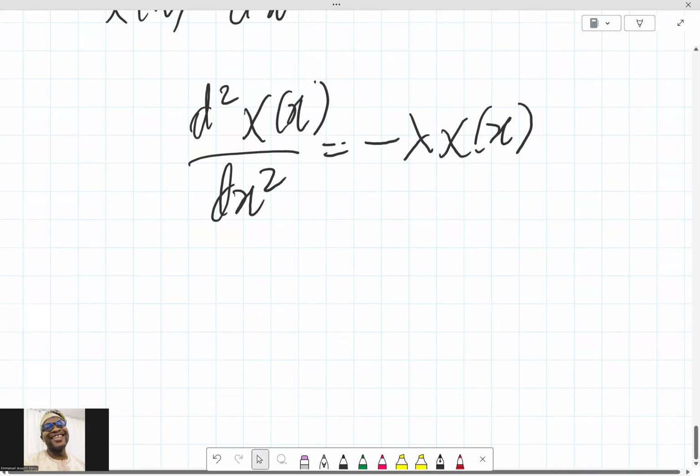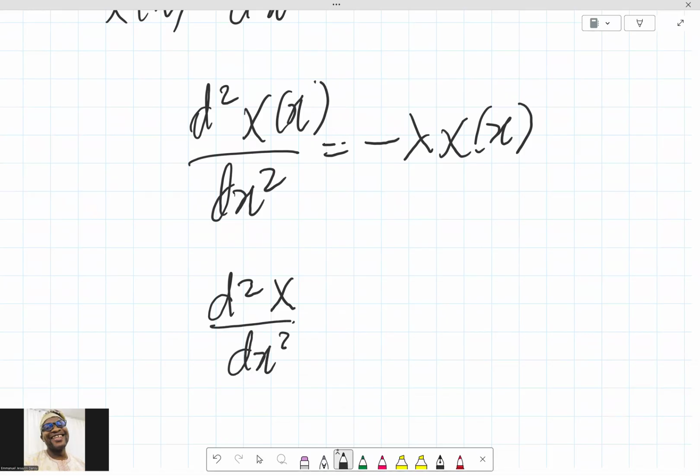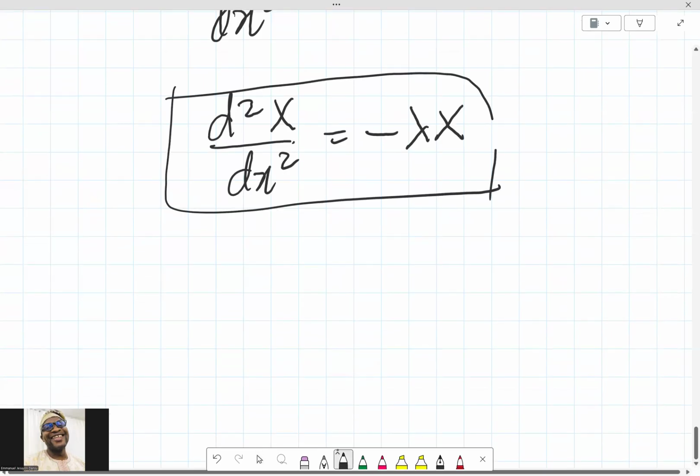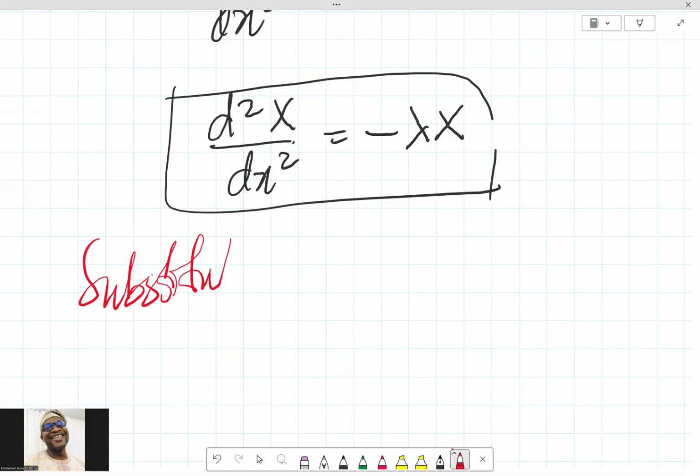Let's take away all the distractions. So we have d squared X over dx squared equals minus lambda X, which is just like what we had before. Substituting lambda to be omega squared c squared, remember that's c squared.